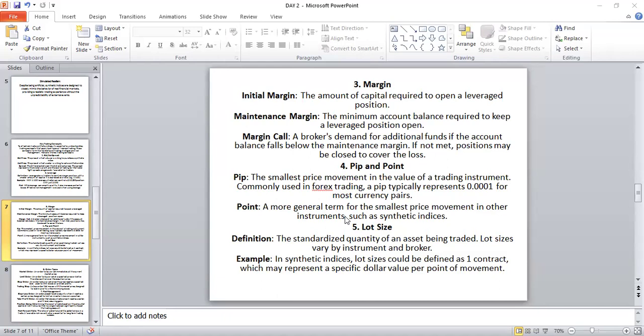Lot size varies by instruments and brokers. And in synthetic indices, lot size could be defined as one contract, which represents a specific dollar value per point of movement. Are you with me?